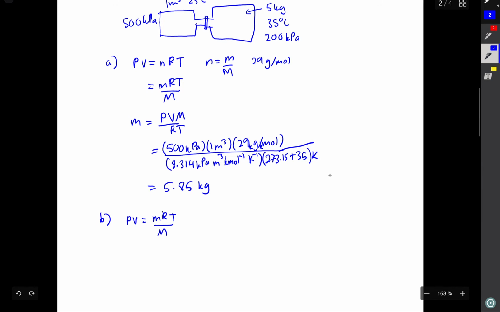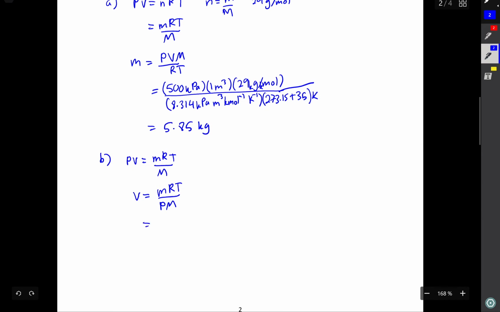Right now we want to determine the volume, so just make the volume the main component: mRT divided by PM. Anything here is not related to question A, because question A only discusses tank 1, and this is for tank 2.